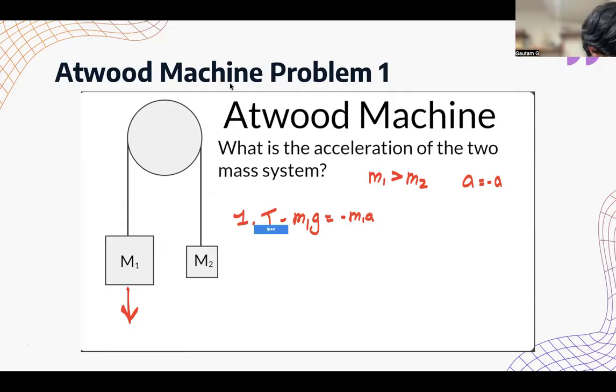I should probably state F. So we know the F of this mass is equal to negative m1a, because it's going downwards. But we also know that the total force is also equal to tension minus the gravitational force of the first one, correct? Does that make sense?